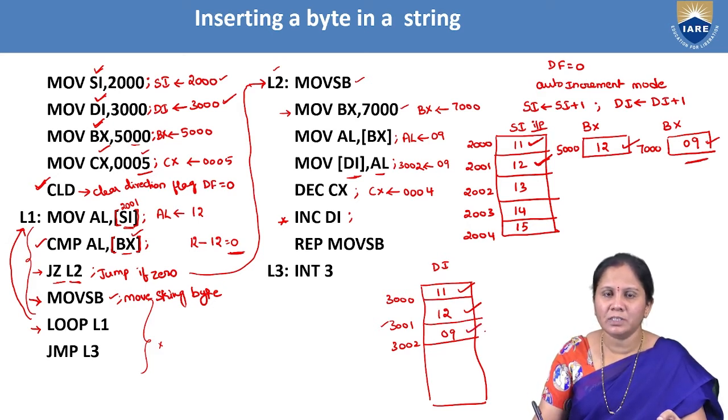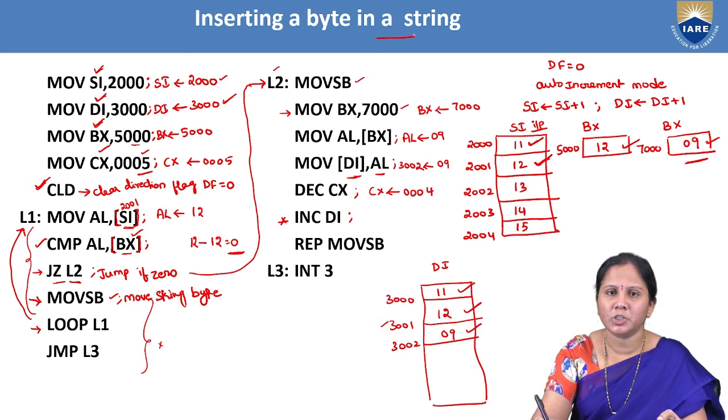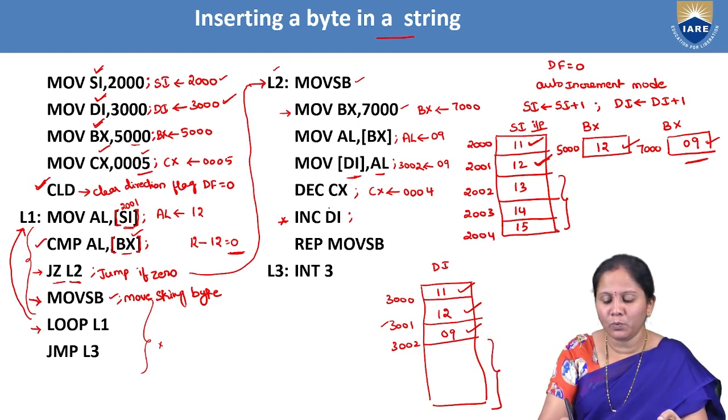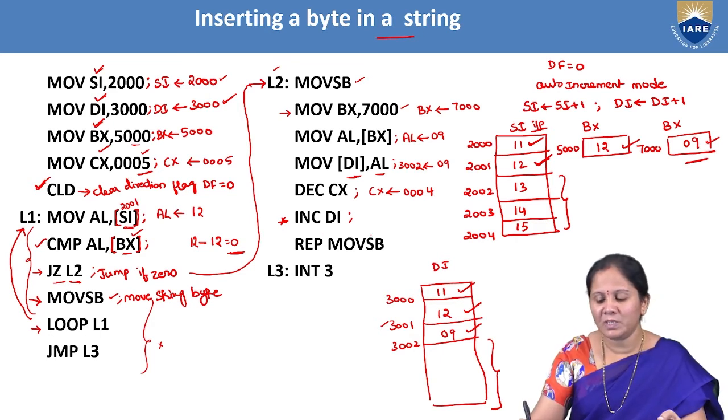And next, what is our intention? After inserting a byte in a string, whatever remaining data is present in the input string should be copied into the destination. If you won't write this increment DI instruction, then whatever value is present in the 2002 location will be copied into 3002 location, and whatever is in the 2003 location will be moved into 3003 location.